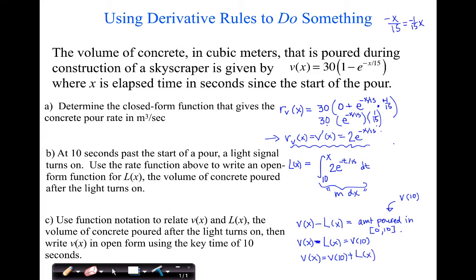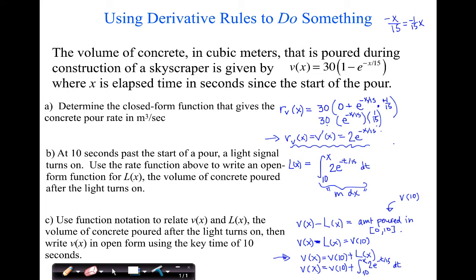And the reason I picked that formation is that it looks like our fundamental theorem of calculus if you use this version of L of x. The accumulation at any time x, I can define based on what I start with and then what accumulates afterward. So I can say, okay, I start at 10, and then whatever I accumulate afterwards from 10 through x at this rate, e to the negative t/15ths dt.